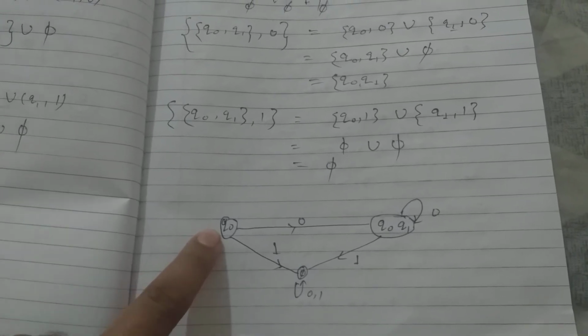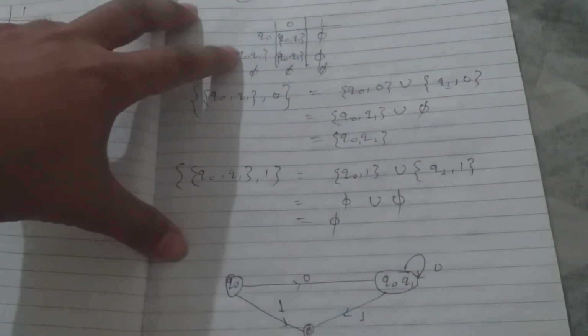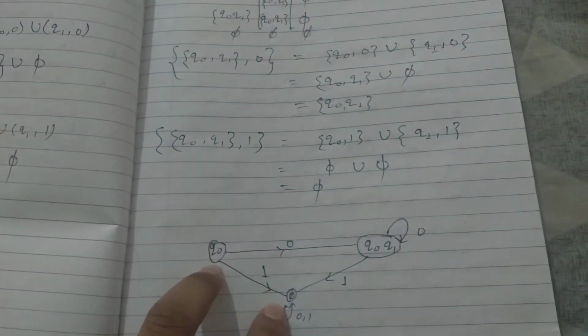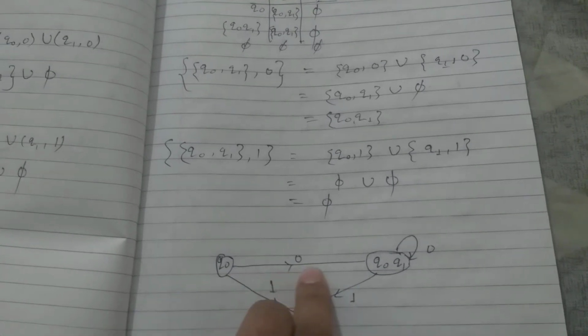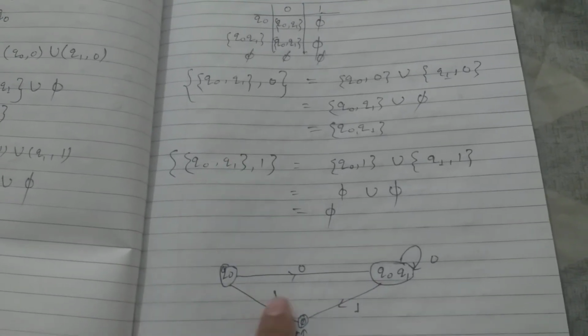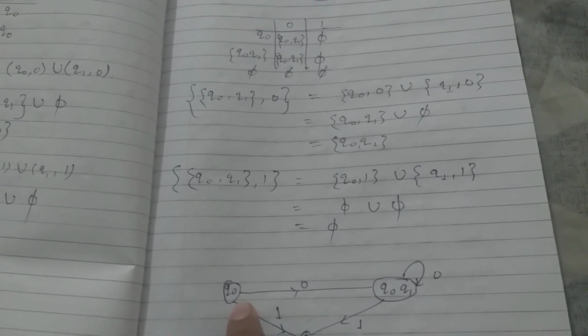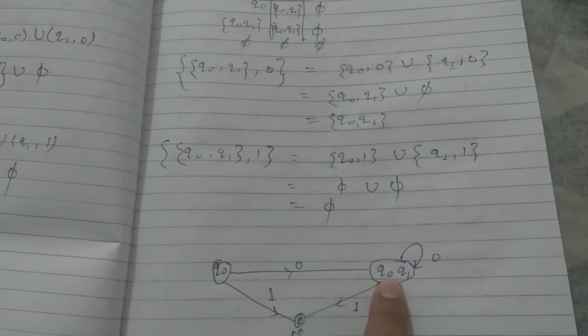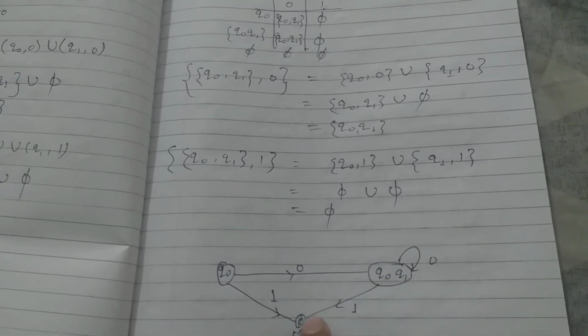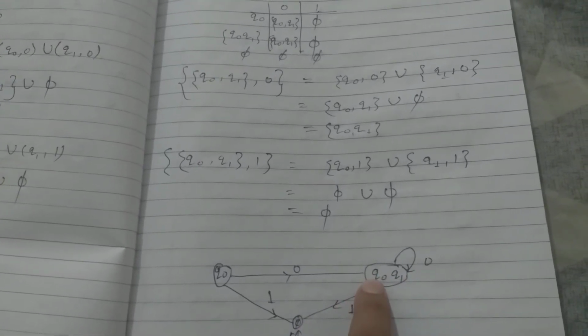Here we have three states, q0, q0 q1 and phi. We will give inputs as per the successor table and create it. When q0 has 0, it goes to q0 q1. When q0 q1 is given 0, it goes to the same state q0 q1.